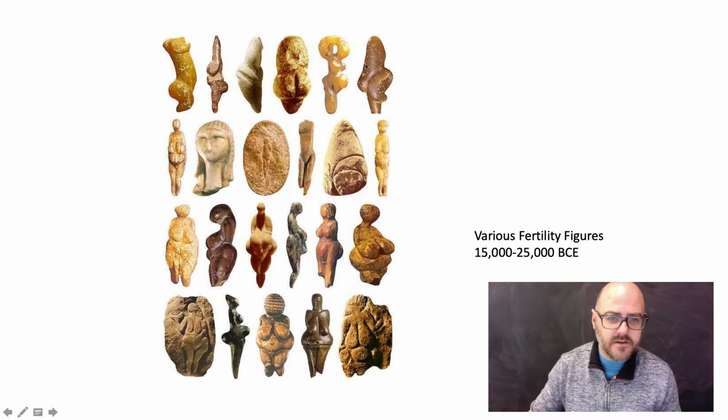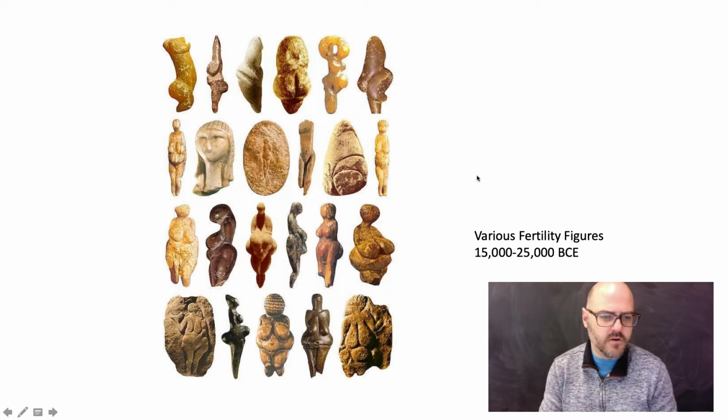But then these up here get much more abstract. So this perhaps gives us more of a knowledge base to draw on to make a determination. Were these about beauty? What do you think? Were these simply dolls, mementos? Or are they fertility aids, right? That's kind of the conventional wisdom, that these were made for that purpose.